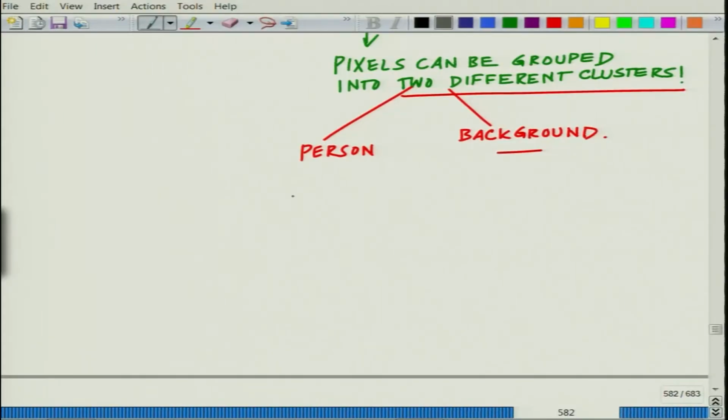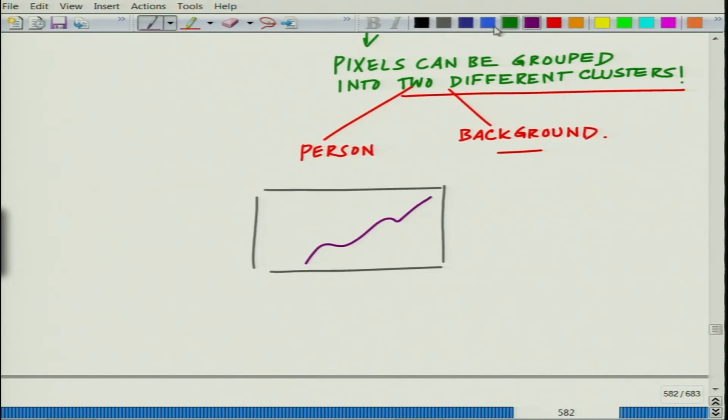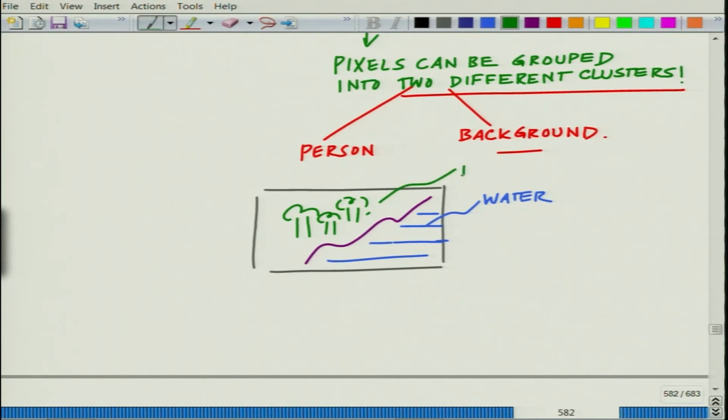So, I would like to cluster the pixels into the pixels corresponding to land and water, and so on. You can have an image, and let us say over here you have the water, and over here you have the land.